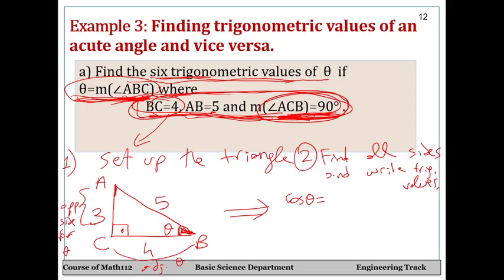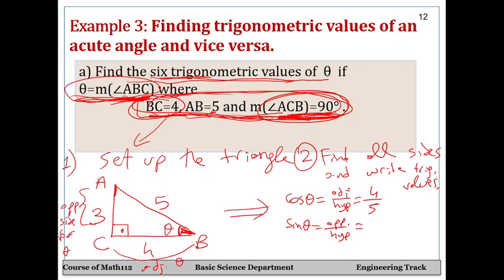Then what is cosine theta? The adjacent side divided by the hypotenuse, which is 4 divided by 5. And what is sine theta? It's the opposite side divided by the hypotenuse. Okay, one thing, memorizing this will take time. So how do we memorize such things?